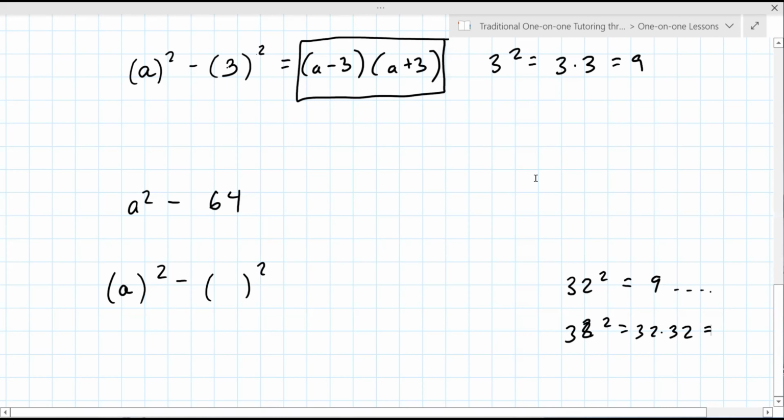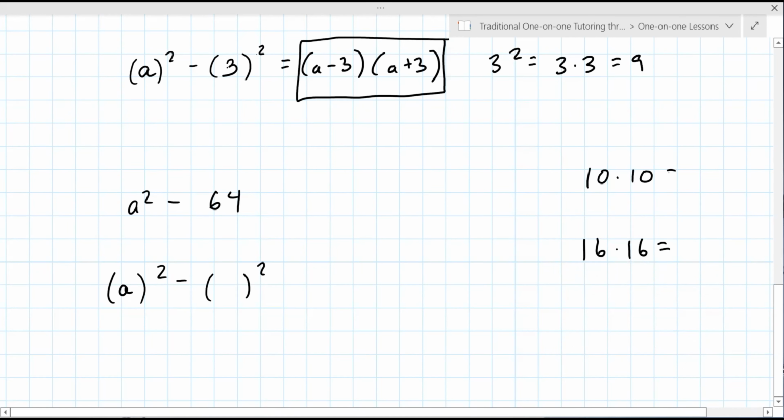Would it be 16? Okay, so again, if you don't know what 16 times 16 is, don't give me that as an answer. Think about ones you know: 10 times 10 is 100, so it's smaller than 10. 5 times 5 is 25, so it's higher than 5.